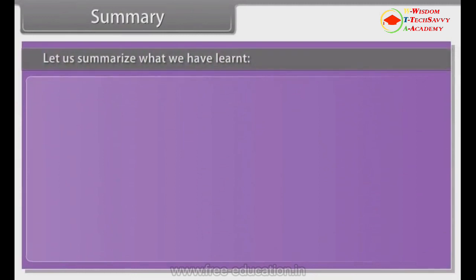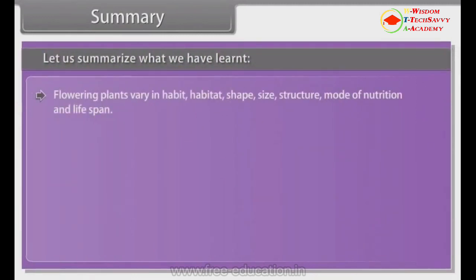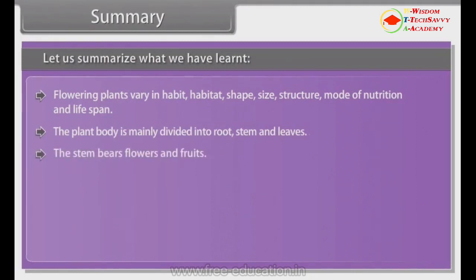Summary. Let us summarize what we have learned. Flowering plants vary in habit, habitat, shape, size, structure, mode of nutrition and lifespan. The plant body is mainly divided into root, stem and leaves. The stem bears flowers and fruits.